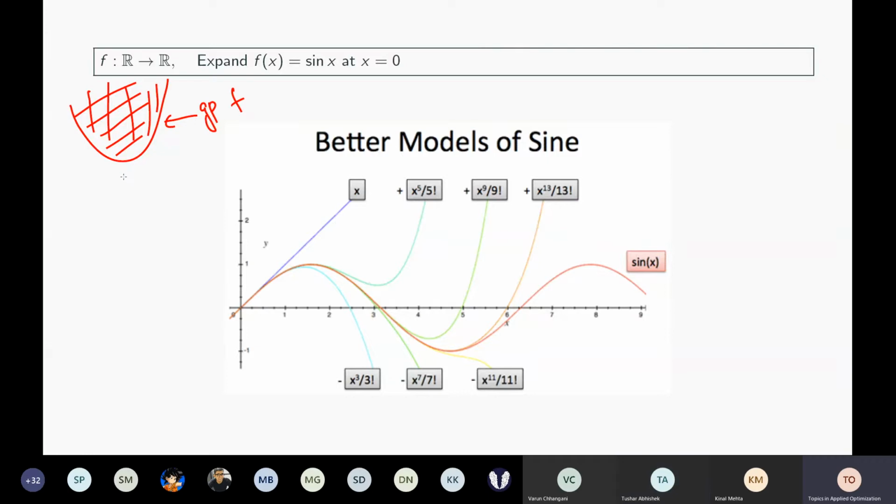If each Taylor approximation becomes a supporting hyperplane of the epigraph, then f is convex. There is a relation that epigraph of f is a convex set if and only if f is a convex function. So all these things are related.